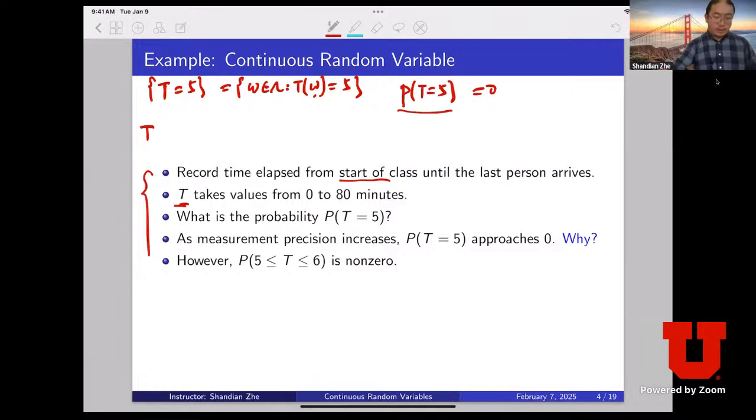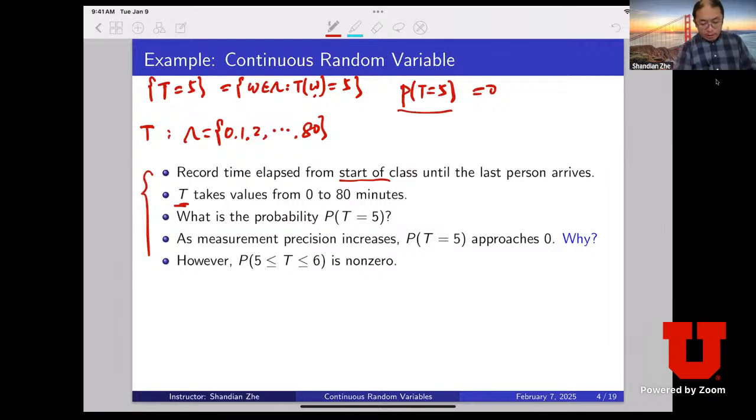Then what's the sample space for t? Yeah, 0, 1, 2, 3, 4, 5, until 80 minutes. So consider your stopwatch can only read every minute. Your sample space is still discrete and finite, containing 0, 1, 2, 3 until 80.